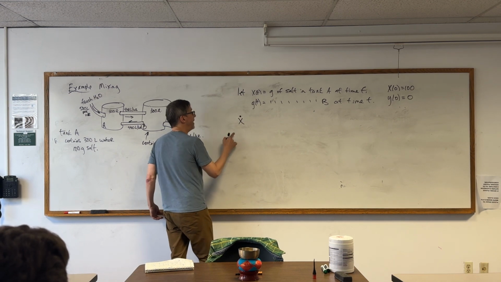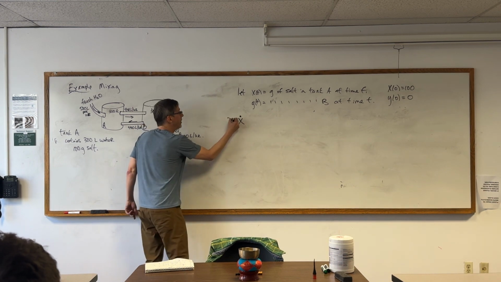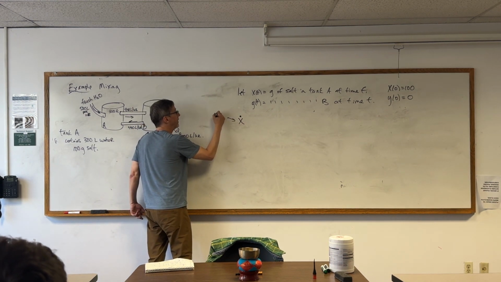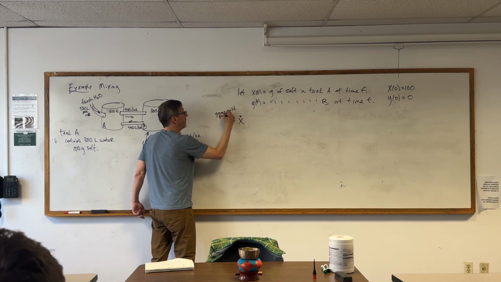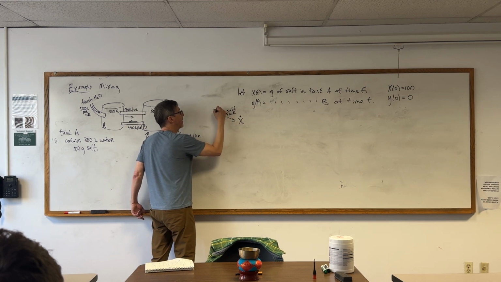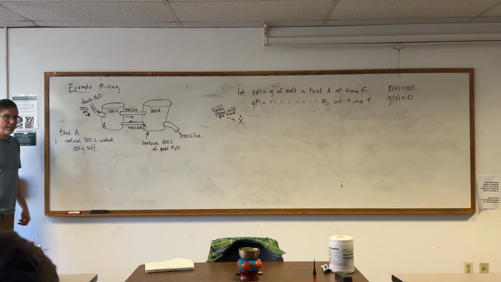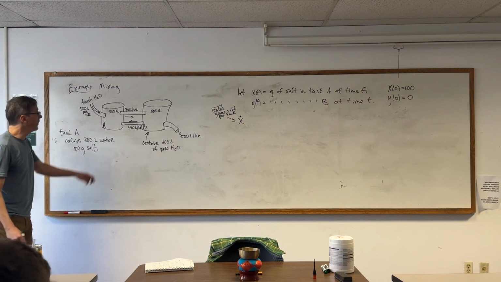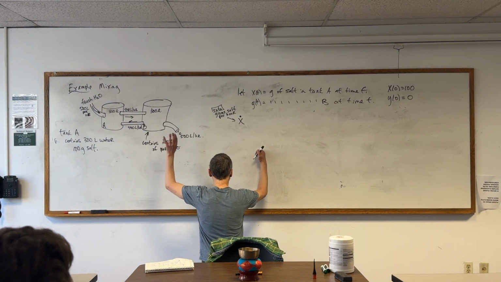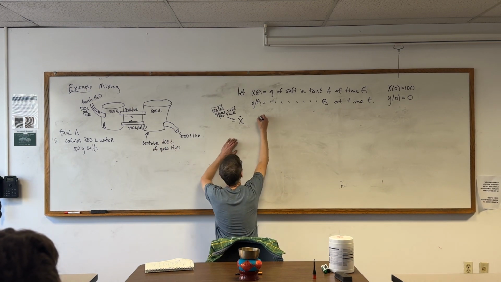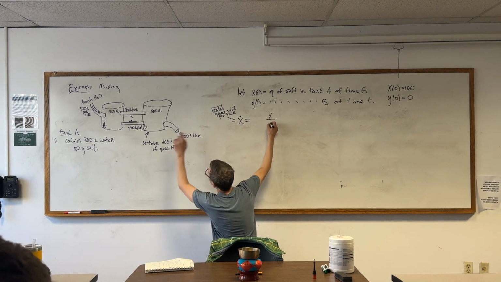So x dot, this is the change in the grams of salt in tank A per hour. So this is grams of salt per hour. This is a rate. Let's first off say that the concentration of salt in that first tank equals x at time t divided by the 300.